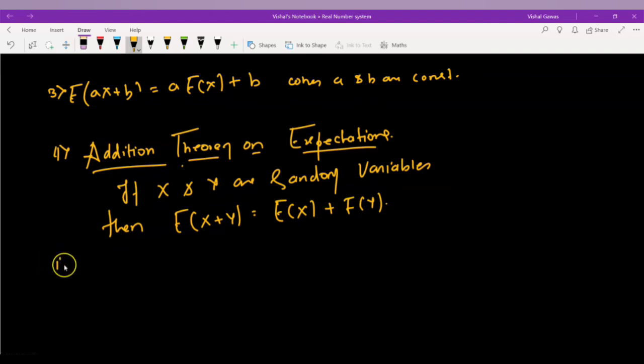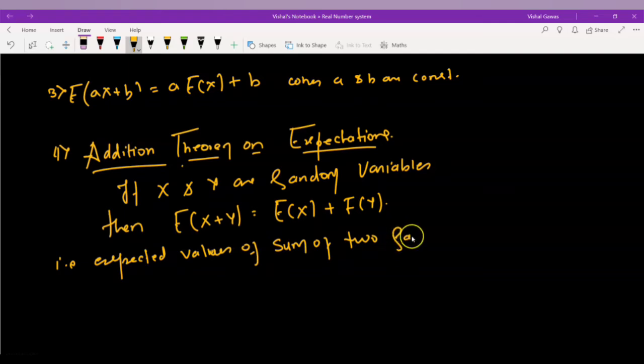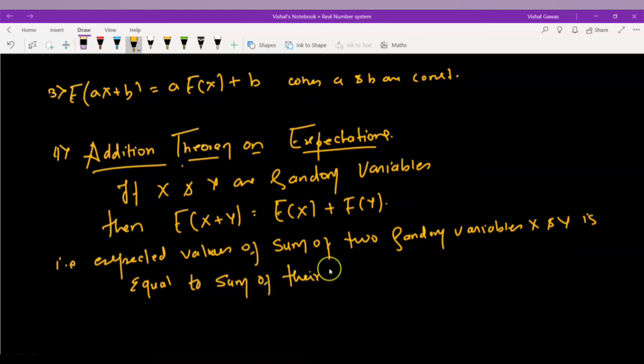So what does it mean? The expected value of the sum of two random variables x and y is equal to the sum of their expected values.